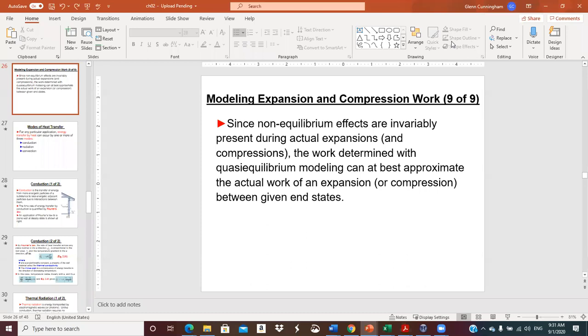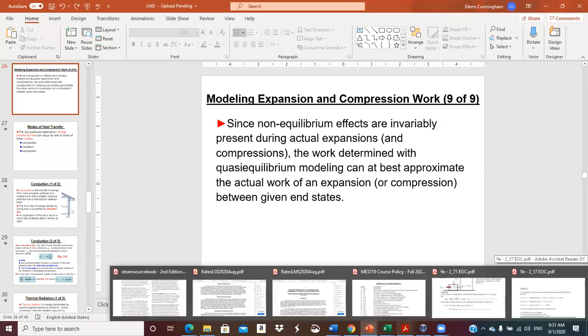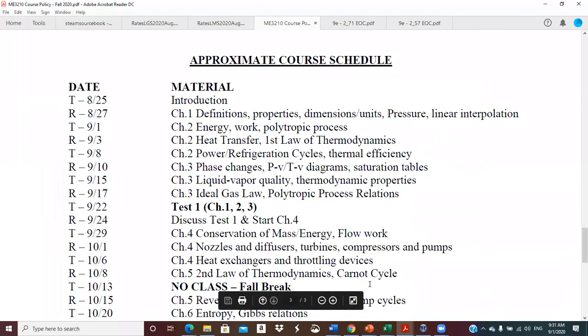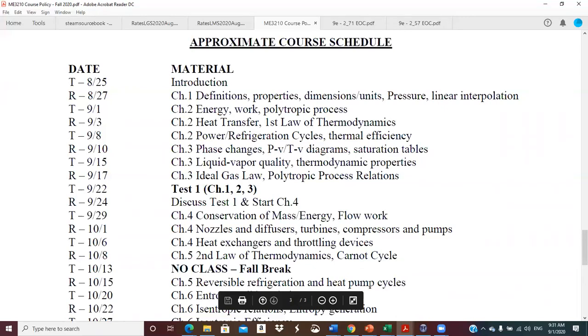Let's see what the schedule looks like here. It's not a bad idea. Okay, so there's the schedule. I suspect the test will be on that day. Looks like we're staying pretty much on schedule so far. So that's September 22nd.